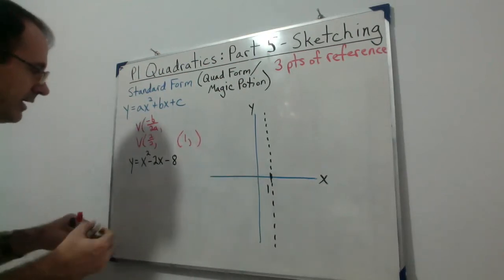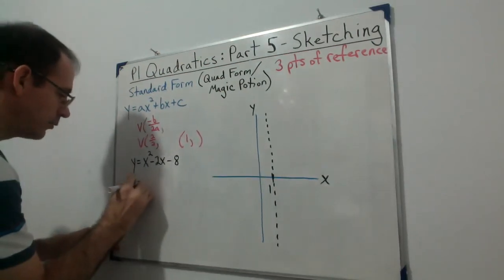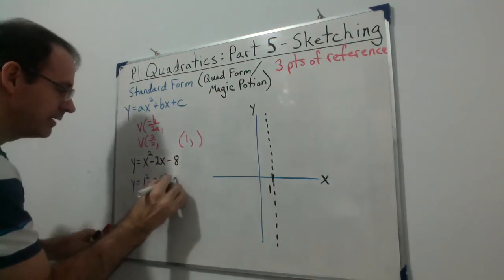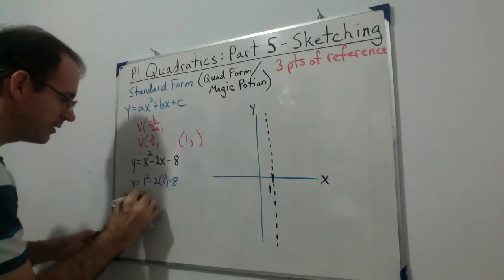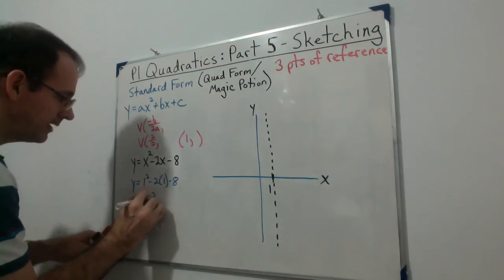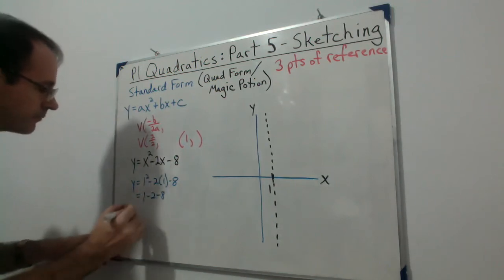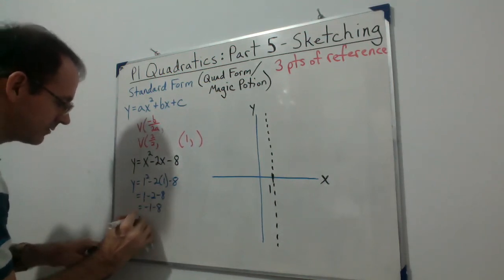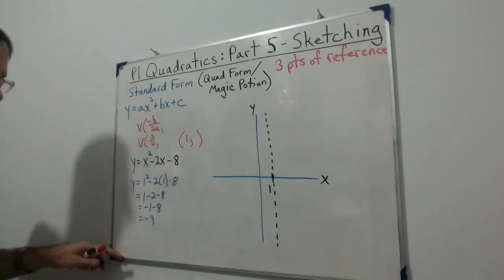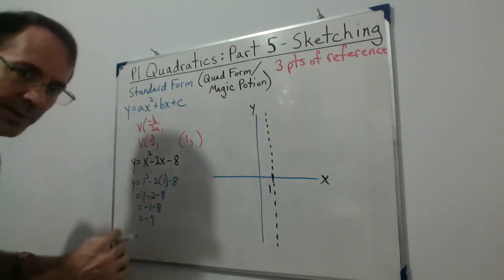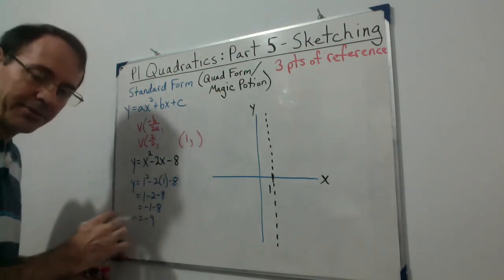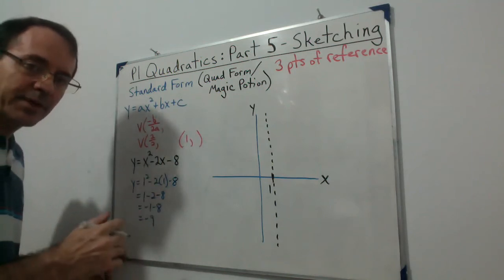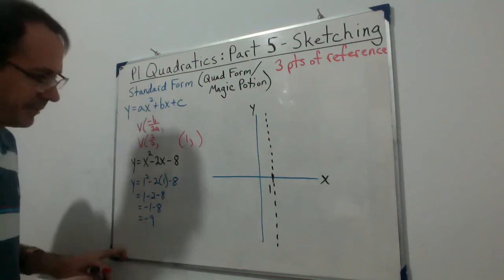So if we plug in y equals 1 squared minus 2 times 1 minus 8, we can find the y value: 1 minus 2 minus 8. So this is a negative 1 minus 8, which is a negative 9. So just be careful with your order of operations. Do your math step by step. You can go quickly, but also be careful not to make mistakes.